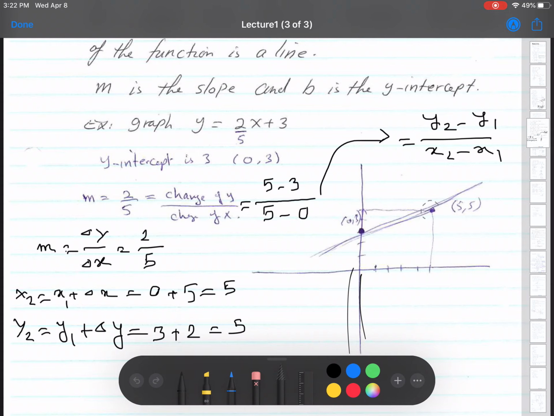So the point more to the right is this point. So x2 is 5, y2 is 5, x1 is 0, y1 is 3. So y2 minus y1, 5 minus 3, over x2 minus x1, 5 minus 0, gives us the slope 2 over 5.